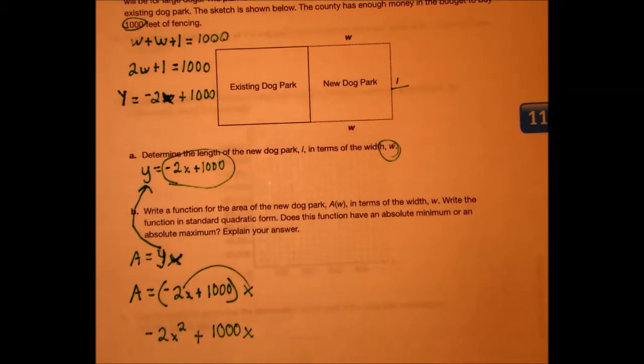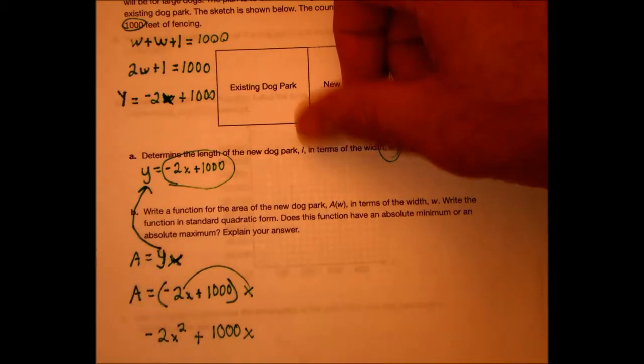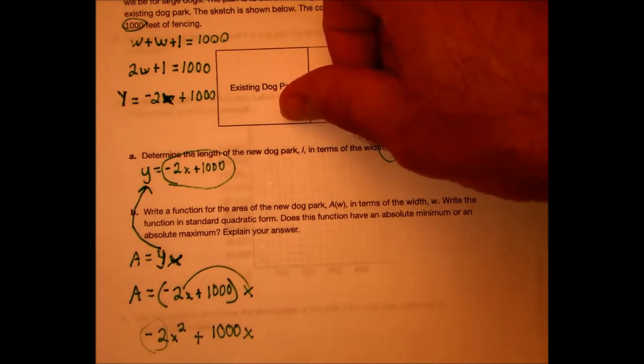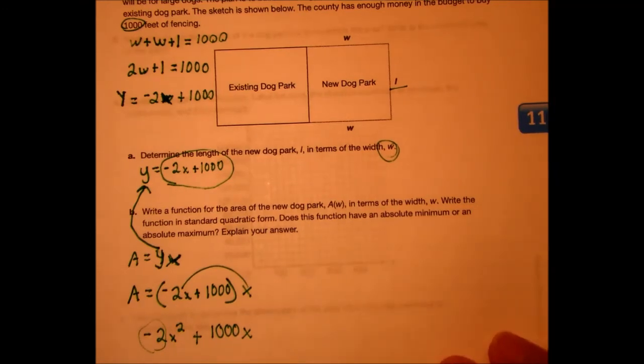Down. Correct. Our parabola should look like this, because that is a negative coefficient. And because it's a negative coefficient, we have an absolute maximum. Right? So that's what you would write: we have an absolute maximum because our parabola is going down, because our leading coefficient is negative.